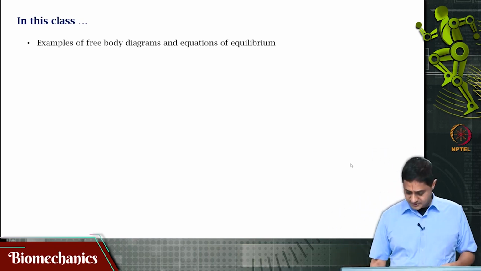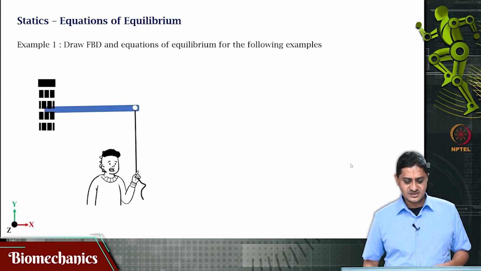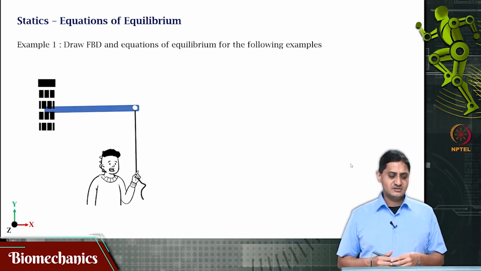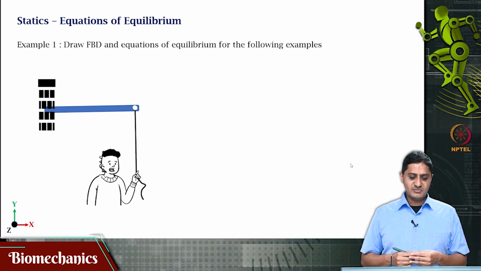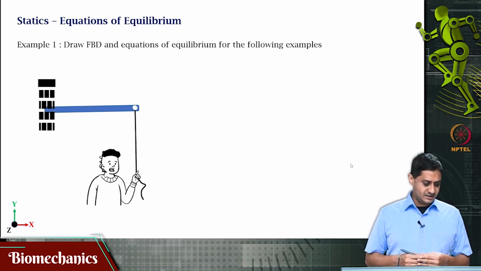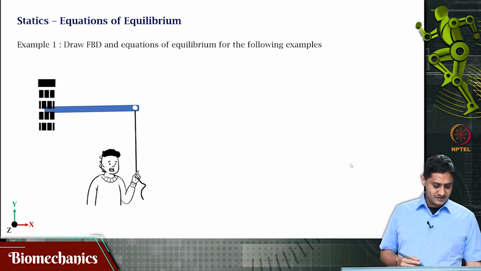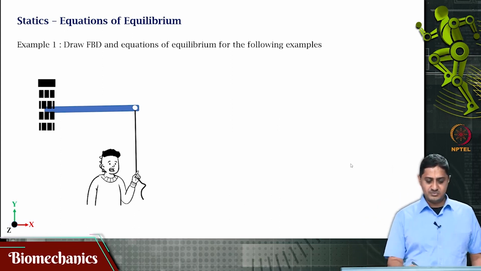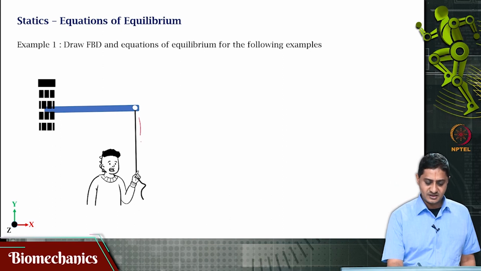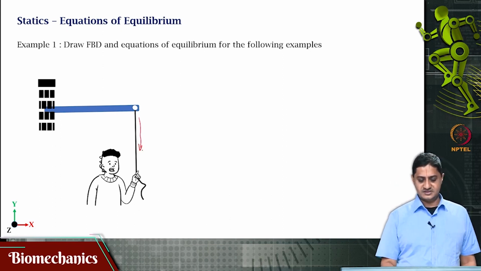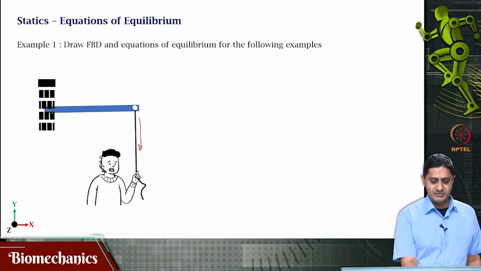Okay. So these two examples, we will start with this first example. The question is, draw the free body diagram and equations of equilibrium for this situation. So, there is this person pulling with a rope like this, with some force, on this beam that is attached.